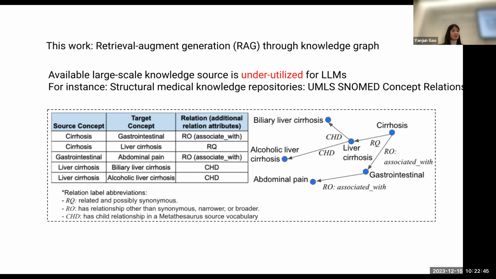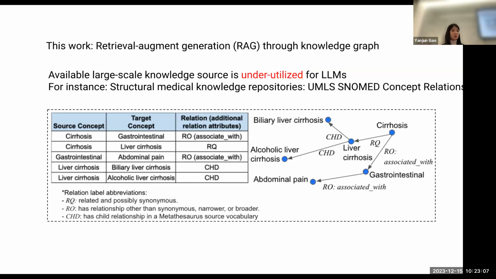Using this knowledge subgraph, we are able to perform something called multi-hop reasoning, where we want to connect the node cirrhosis with abdominal pain. The reason we can connect them is that there is a hop from cirrhosis to gastrointestinal, and a second hop from gastrointestinal to abdominal pain.